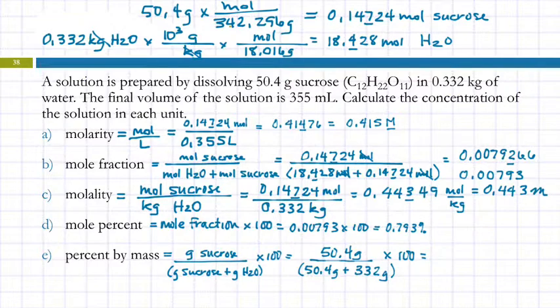So we got 50.4 divided by the quantity 50.4 plus 332. Close the parentheses, multiply by 100, 13.1799, or 13.2. Any questions?